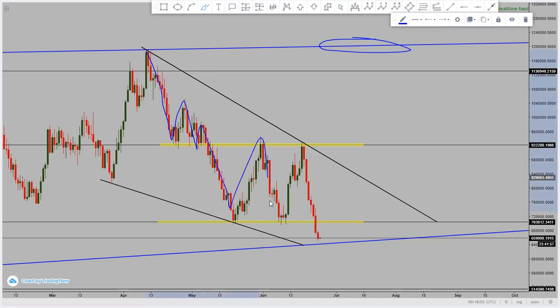Then here came in sort of a range, and it broke out here. So now market structure has to start giving us higher highs and higher lows, higher highs, higher lows.